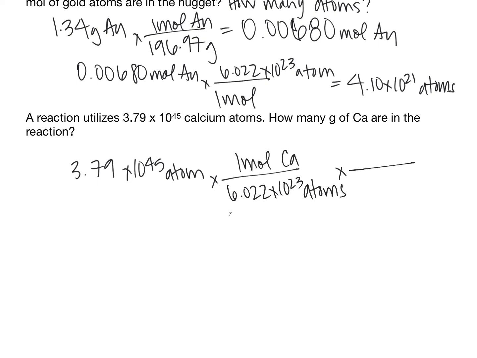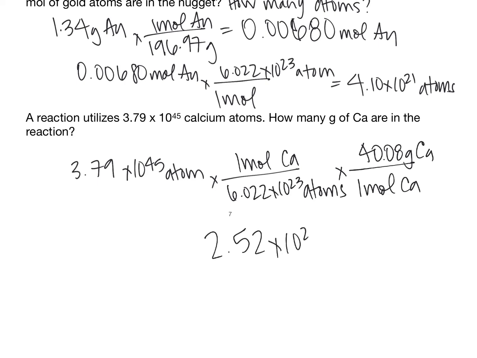And based on the periodic table, we know that 1 mole of calcium is 40.08 grams of calcium. And so we don't have to go through each of these steps individually. You can set them all up. I would recommend that you show all of your units, but when we plug this into our calculator, you would get 2.52 times 10 to the 23rd grams of calcium.